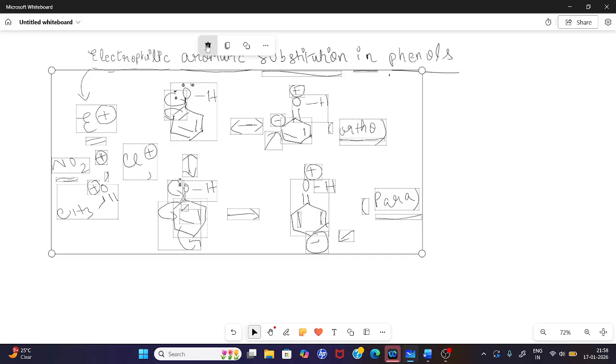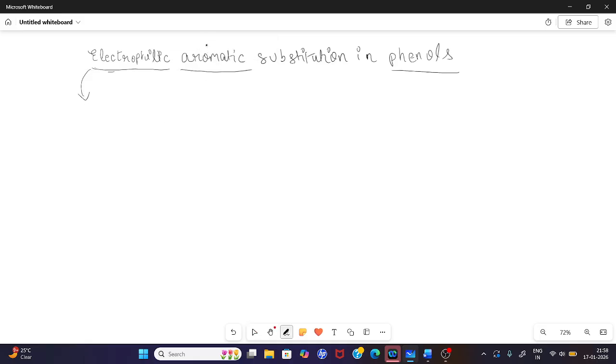So you see, this is the dilute HNO3. This is the nitration reaction. Let's study the nitration reaction. What happens is they normally provide acidified nitric acid.